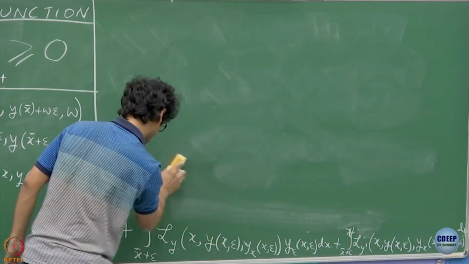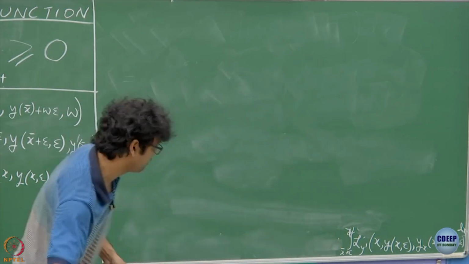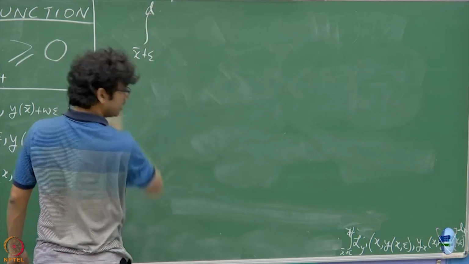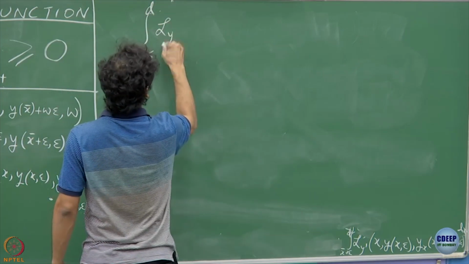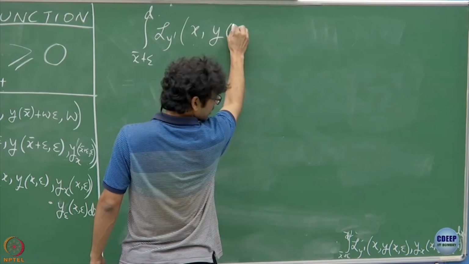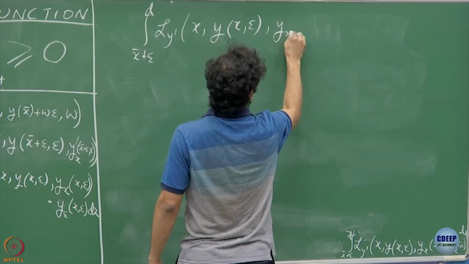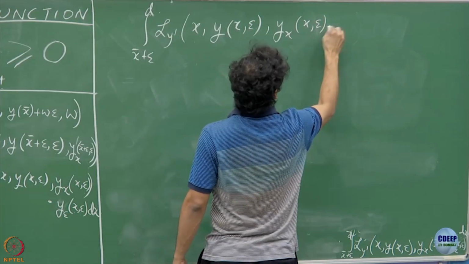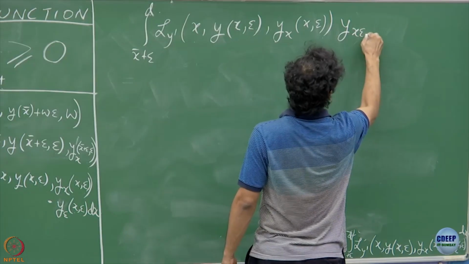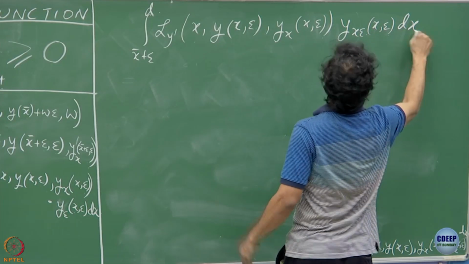So now the entire burden of this whole thing falls on, unfortunately, the term that I have written in the worst manner on this board, which is the smallest one here. Let's do proper justice to it. x bar plus epsilon to d, L y prime, x, y x comma epsilon, y x x comma epsilon, y x epsilon at x comma epsilon dx.